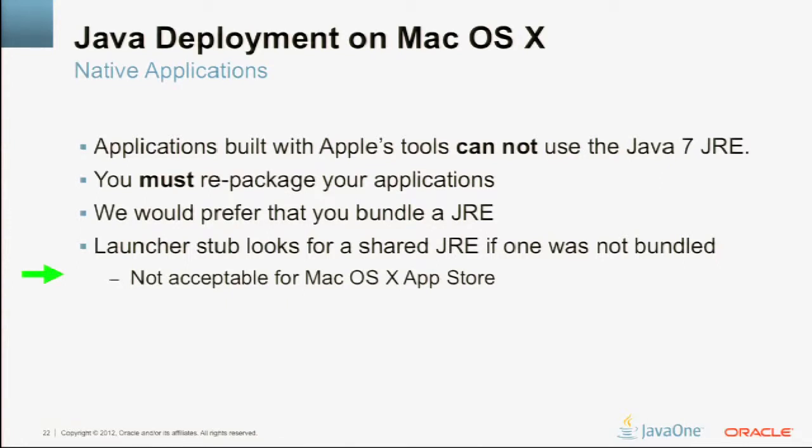It's that in the OS X App Store, and presumably other app stores like the Windows 8 store or whatever other third-party stores we can think of, relying on a third-party download is not going to be allowed.